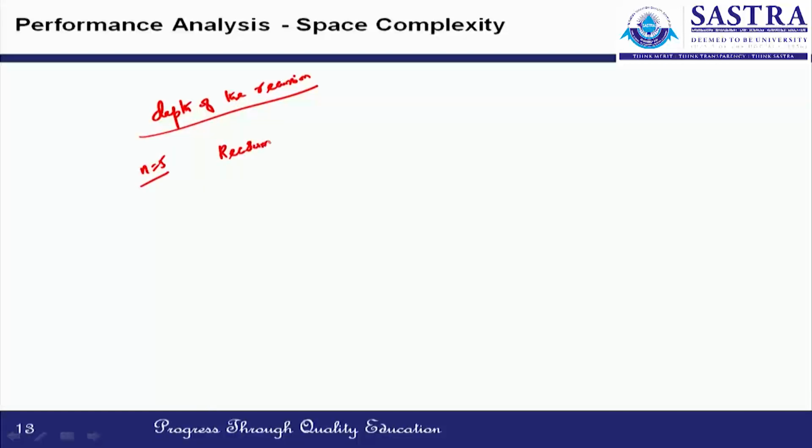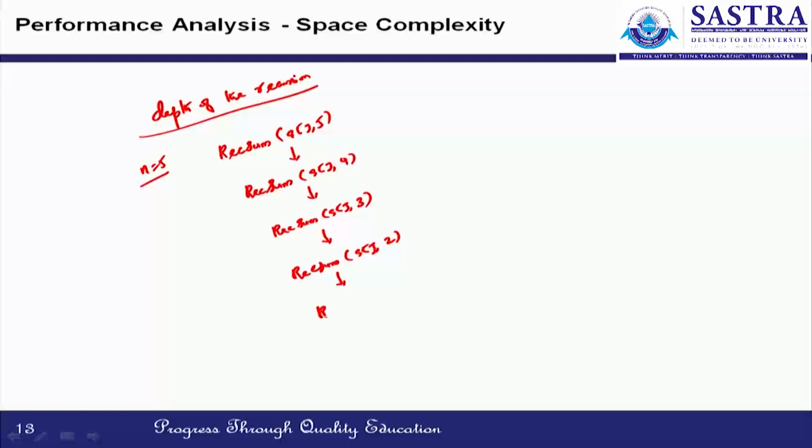recursive sum of A array comma 5, this is the initial call. This invokes recursive sum of A array comma 4. This invokes recursive sum of A array comma 3. This invokes the new recursive call, recursive sum A array comma 2. Then this invokes recursive sum A array comma 1.